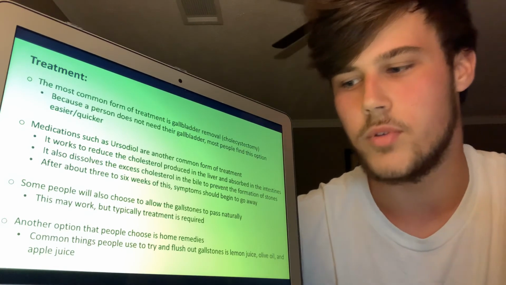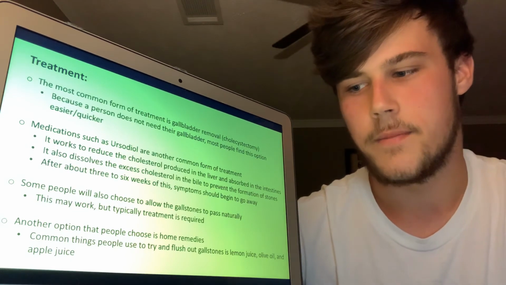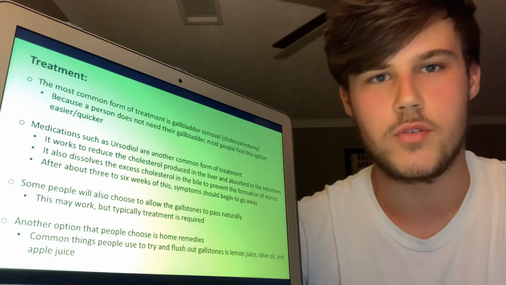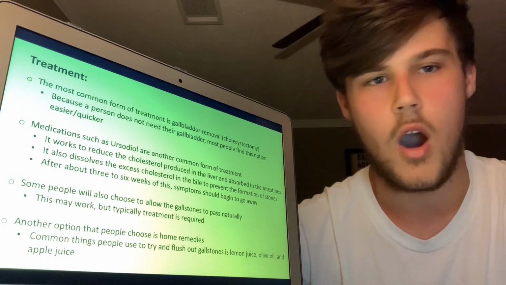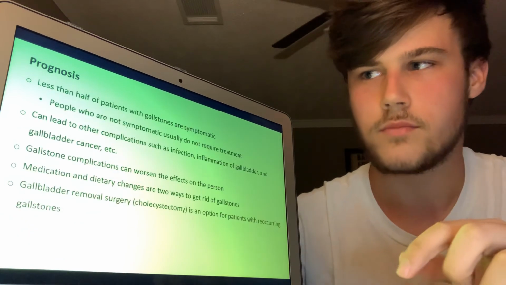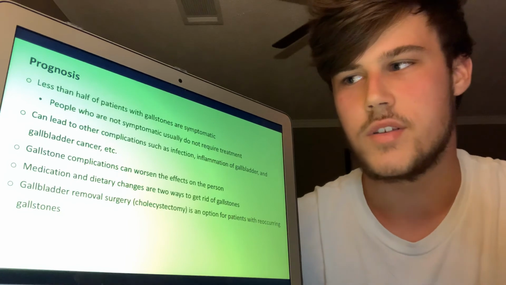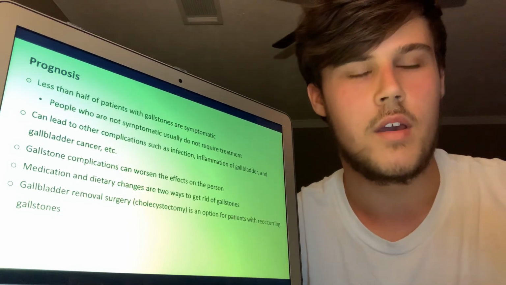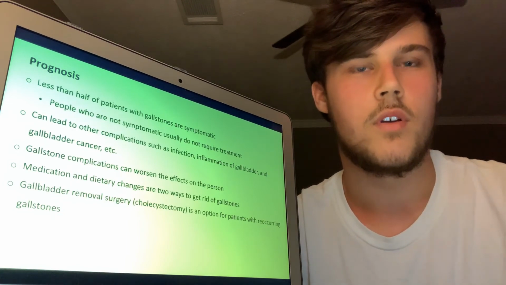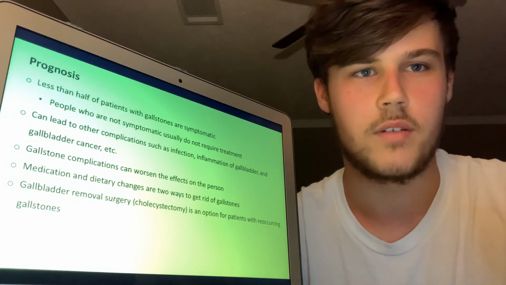And some other people do home remedies, like drinking lemon juice or apple juice or olive oil. Some people use this and try to flush out their gallbladder. Less than half of the patients with gallstones are symptomatic, and so if people aren't symptomatic, then most of the time they won't even need treatment.